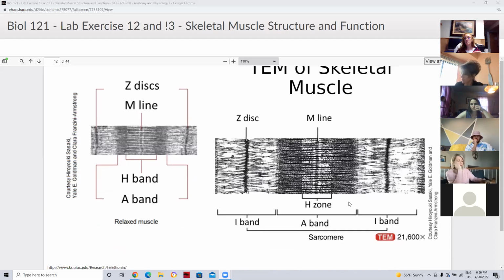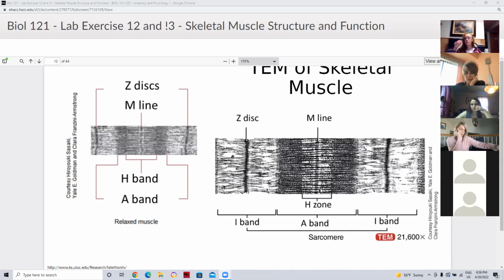And that one sarcomere extends from one Z disc to the next Z disc. So each sarcomere is flanked by half of an I band on both sides and one full A band in the center and an M line.